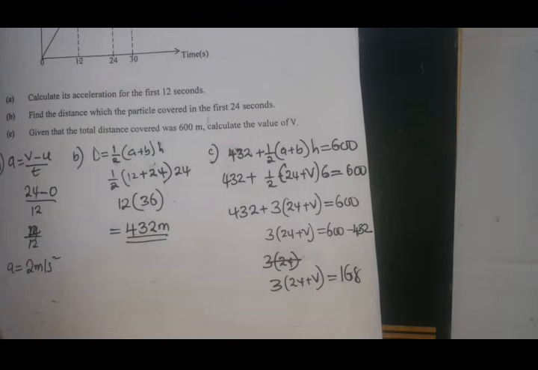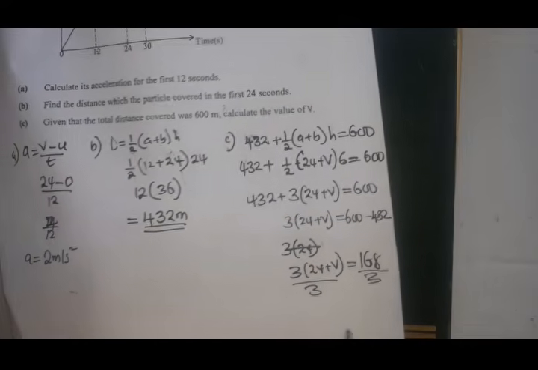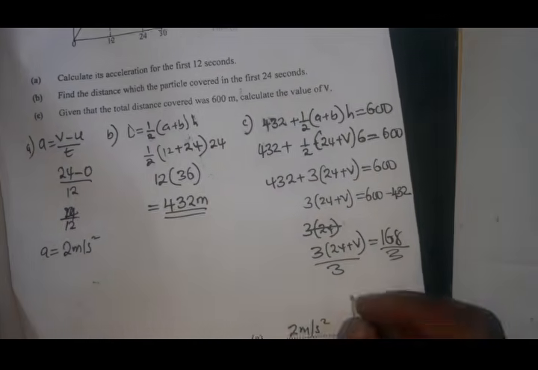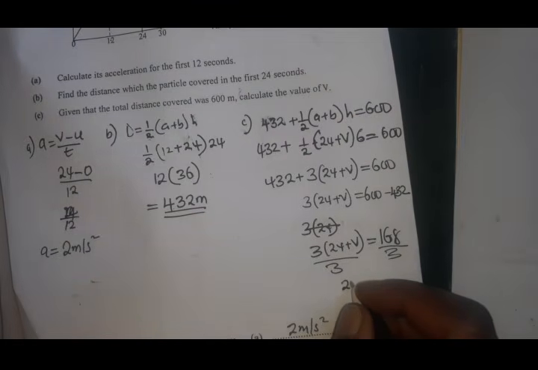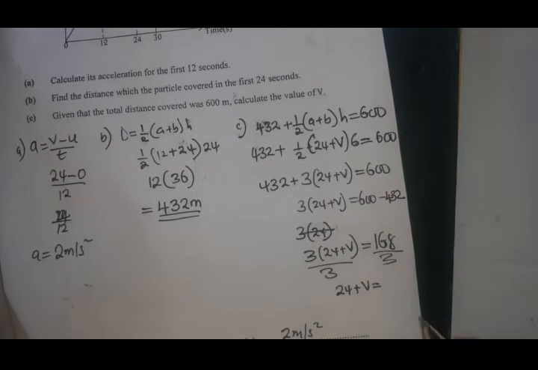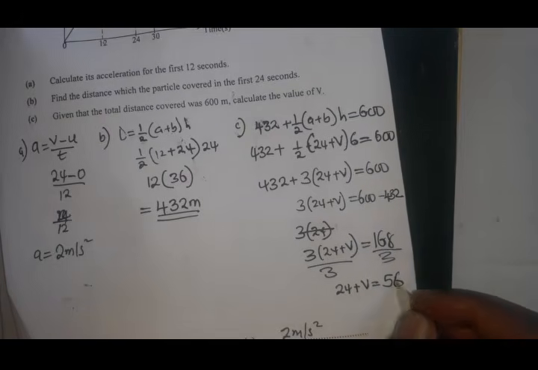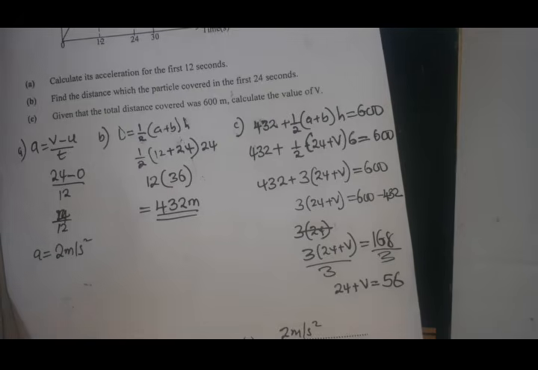Now you further divide both sides by 3. When you divide both sides by 3, you are remaining with 24 plus v is equal to 56.